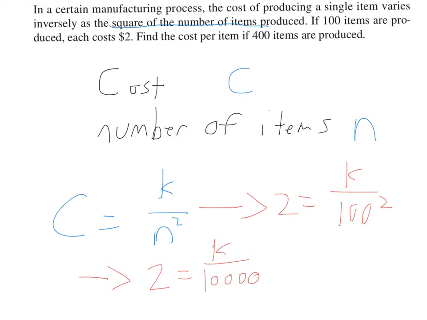So if you multiply both sides by, not 1,000, 10,000 rather, k would be equal to 10,000 times 2, so our constant of variation would be 20,000.